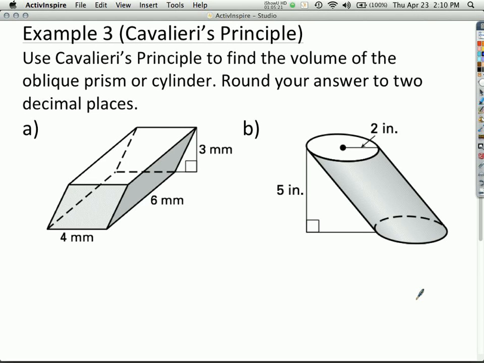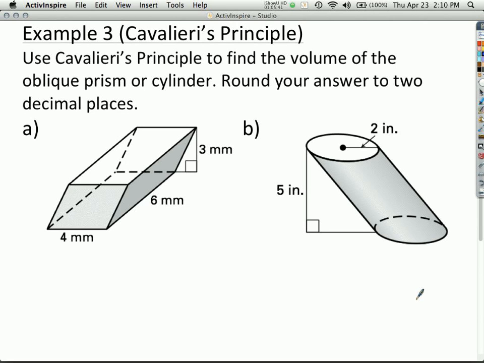I feel like I understand that if it's an oblique solid, I can just find the volume of it. I don't feel like I'm using something like we used Euler's theorem earlier on. So, find the volume of the oblique prism or cylinder.